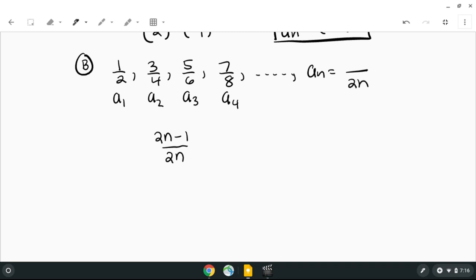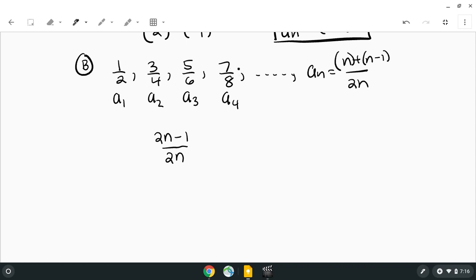But for the numerator, I would be doing n plus the one before it, n minus 1. Just like here, 7, well, I'm doing 4 plus 3. 5, well, I'm doing 3 plus 2. For my second term, I'm doing 2 plus 1, okay?